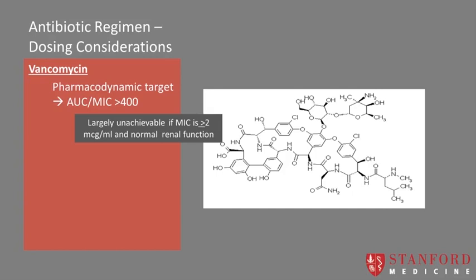We also know from studies with Staph aureus that in the patient with normal renal function, you often can't reach that level if the MIC is 2 or, of course, greater.